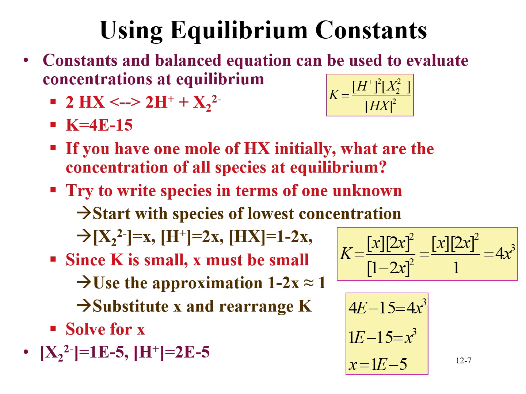So if we say that this dimer is equal to X, the proton concentration is twice the dimer concentration, and then the concentration of the starting compound is just equal to 1 mole minus 2 times X, because it takes twice the X, so I need to multiply the value of X. Well, since K is small, X must be small.